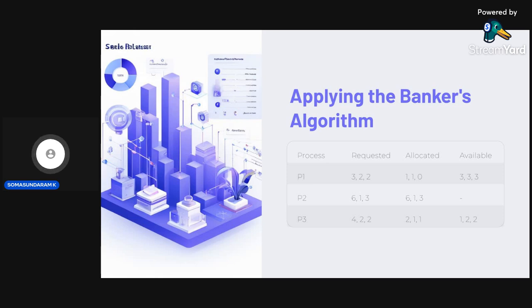The safety algorithm will find out whether a system is in a safe state or not. It is as follows. Let work and finish be vectors of length m and n respectively. Initialize work equal to available and finish[i] equal to false for i equal to 1 to n. Find an i such that both finish[i] is equal to false and need is less than or equal to work.